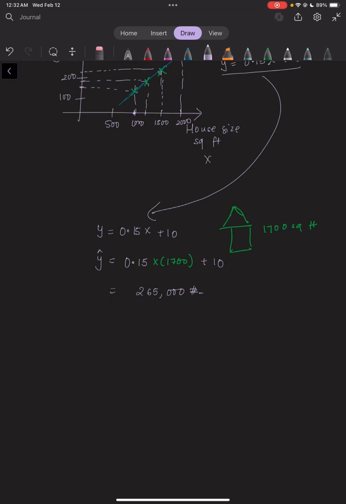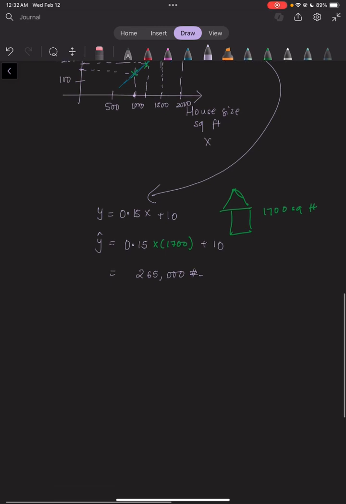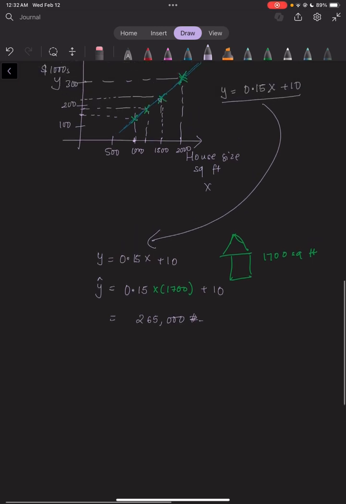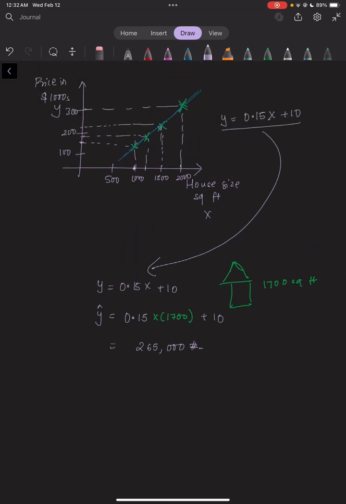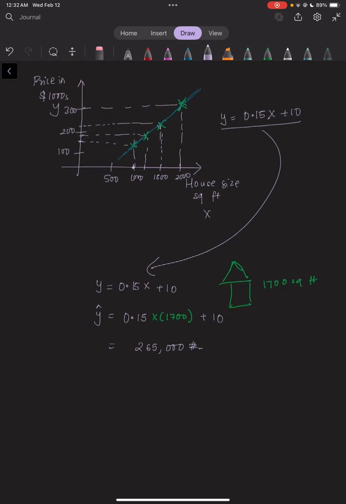So bam, now I have very easily given them how to price their house in order to be competitive in that market. In a real world scenario, of course, there can be a multitude of determining factors, and we're going to learn about all of that as we go, and how to deal with more than one input feature. But for now, we have done our first prediction with linear regression, which is amazing.